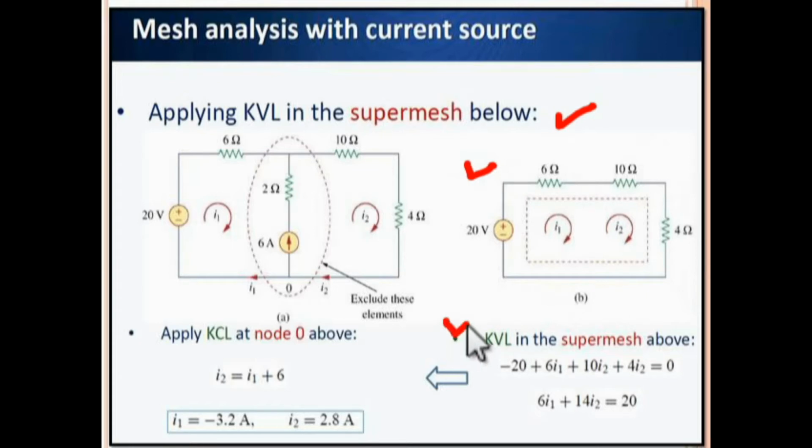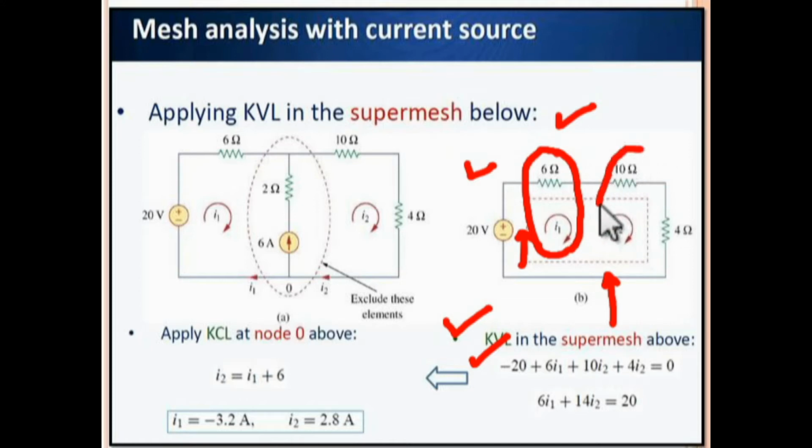Okay, so apply KVL in the super mesh above, as you can see here. Now apply KVL, start from here: minus 20 plus 6I1. This branch belongs to the first mesh, so you have to write 6I1, plus 10I2.